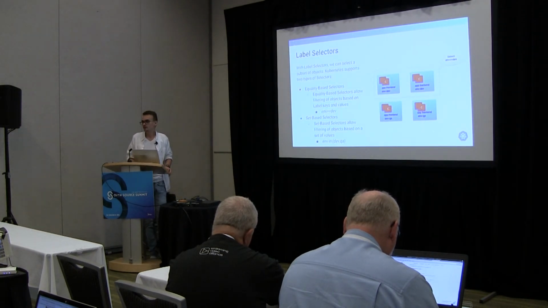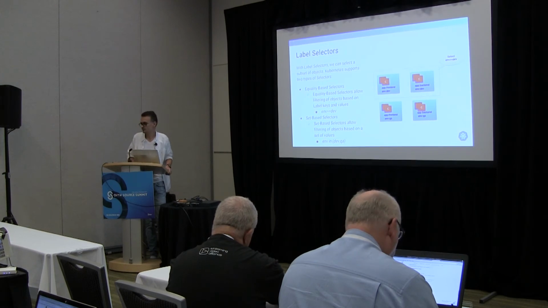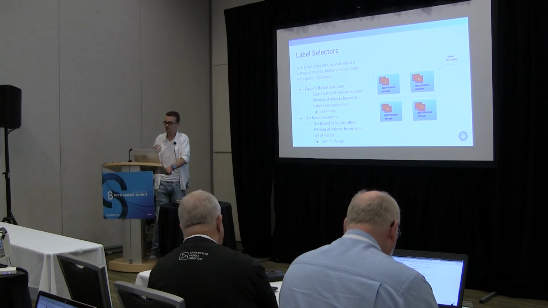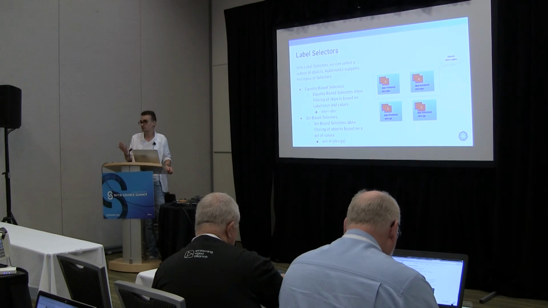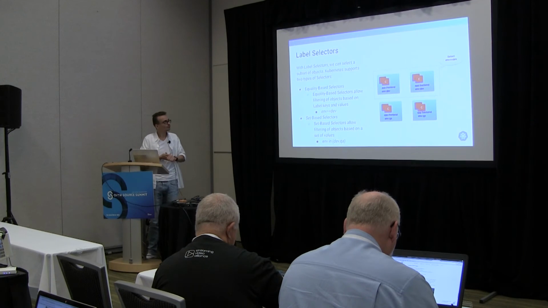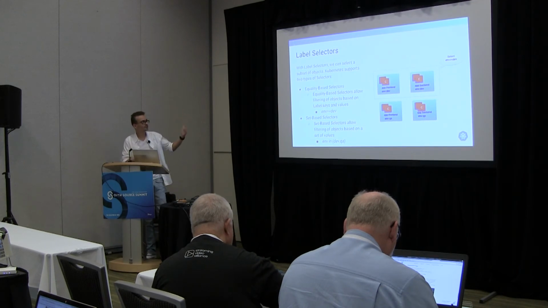The way you can use labels is using label selectors. The reason why you should use labels is that you have to consume them somewhere, and you can consume them with label selectors. With label selectors, we can select a subset of objects.